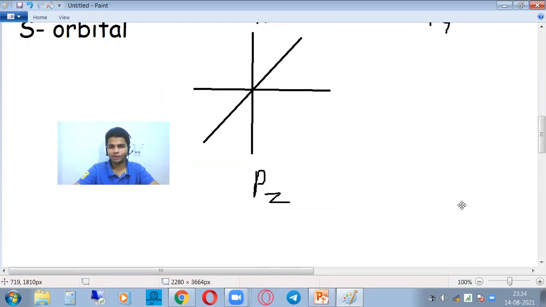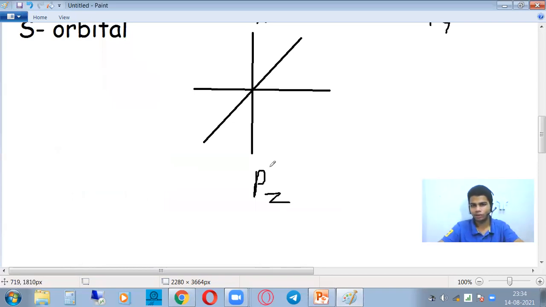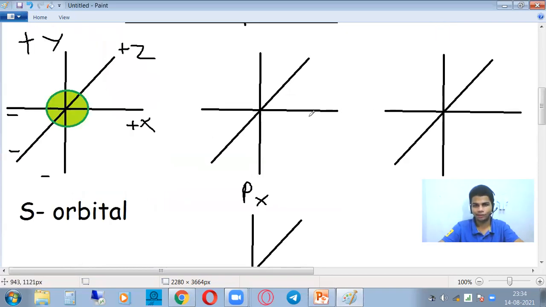I already mentioned that in the px orbital, the electron will lie only on the x-axis. So let us assume this one is the x-axis, this one is the y-axis, and this one is the z-axis. As earlier, if this portion is plus x, then this will definitely be minus. This will be plus y, then this will be minus, and this is plus z, so this will be minus z.